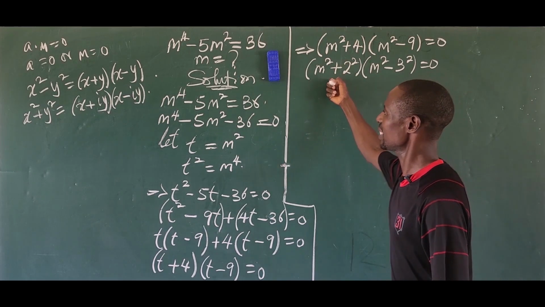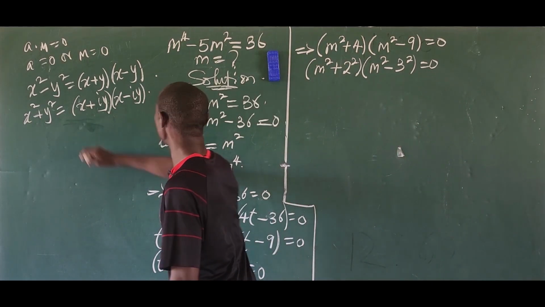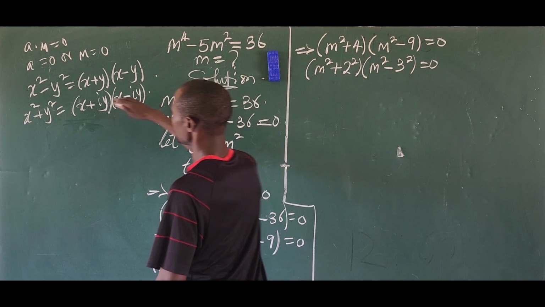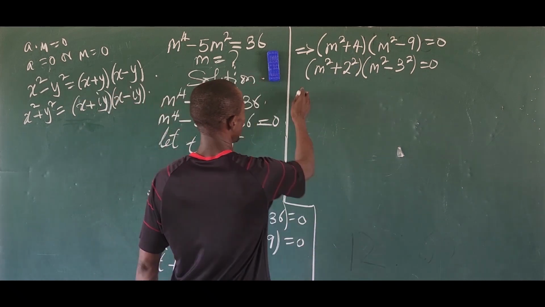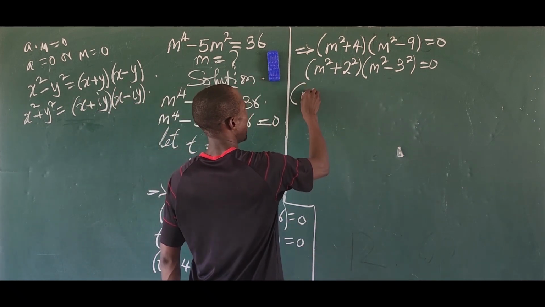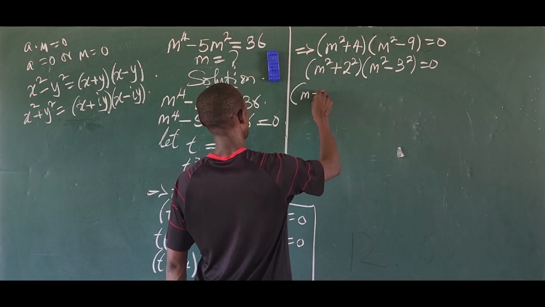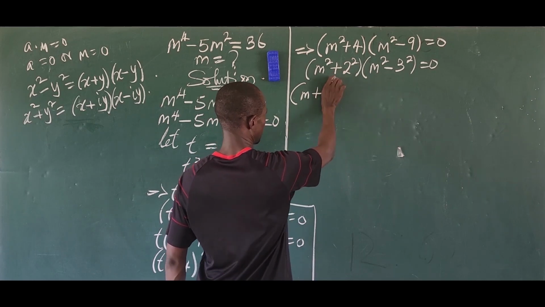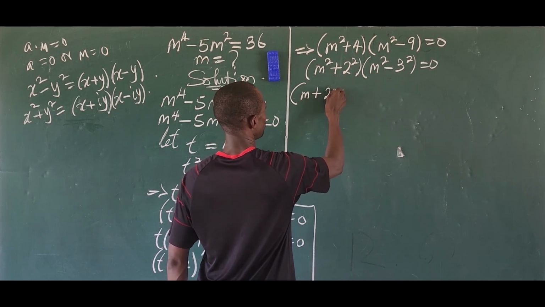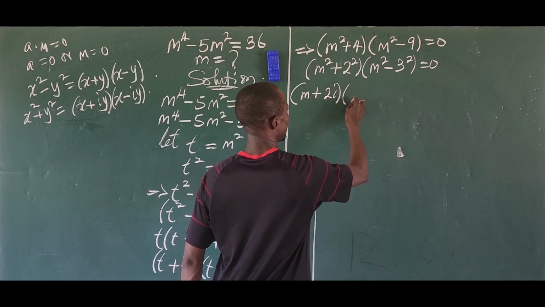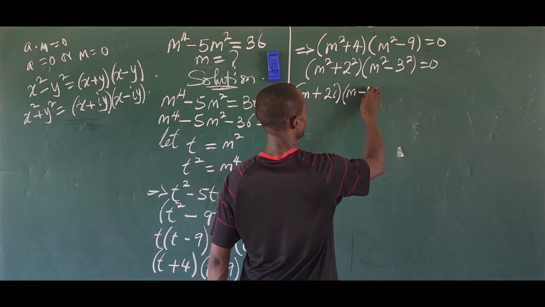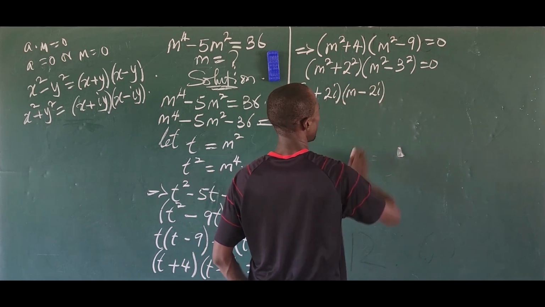So we want to rewrite this using sum of 2 squares and this other side using difference of 2 squares. So with that, this is going to give us m plus, let's write the figure first, which is 2 iota, bracket m minus 2 iota, right?